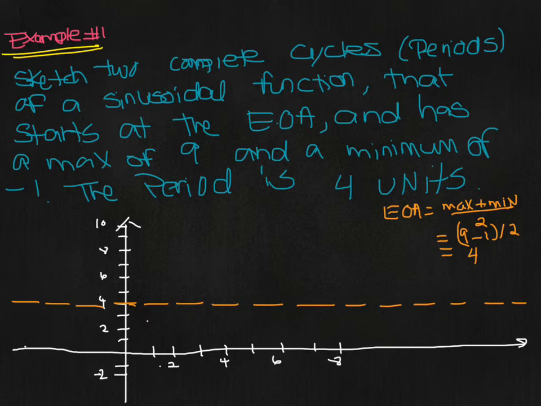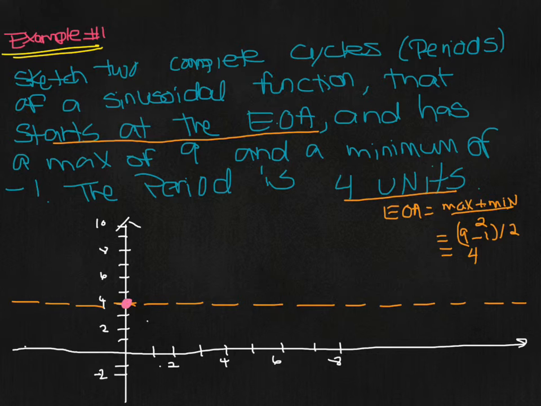Now it tells me that my starting point is at the equation of axes. So I know that my starting point is going to be right over here. It also tells me that my period is equal to 4 units. So I know that to complete a period, I have to return back to my starting point.